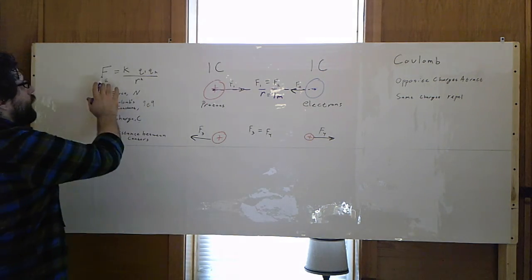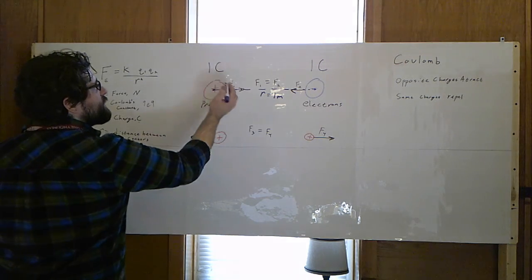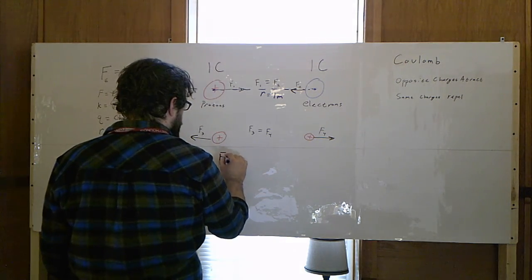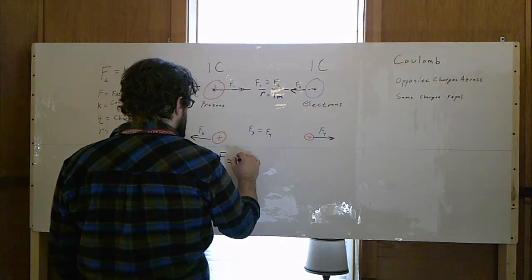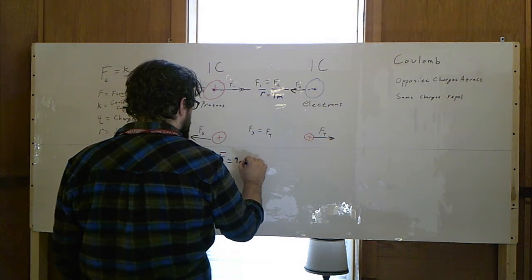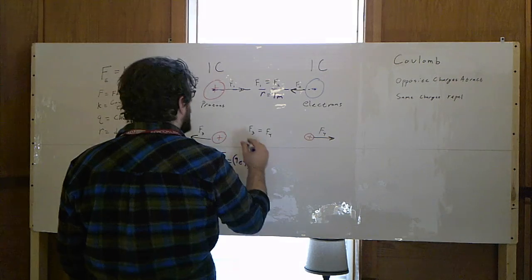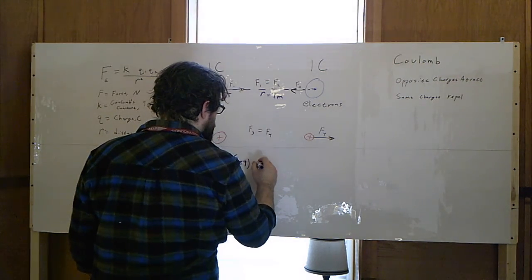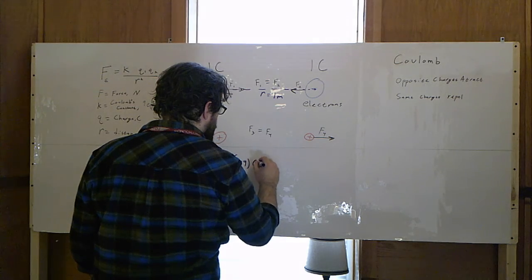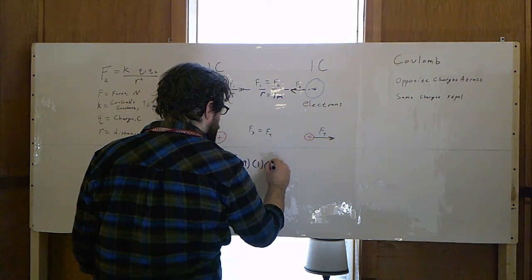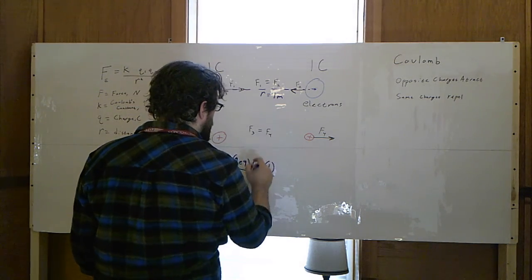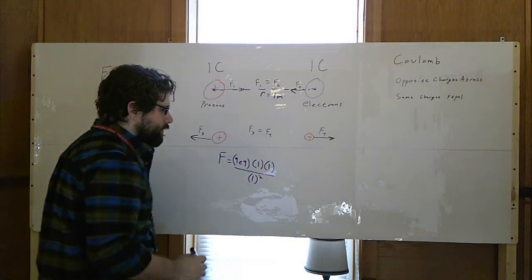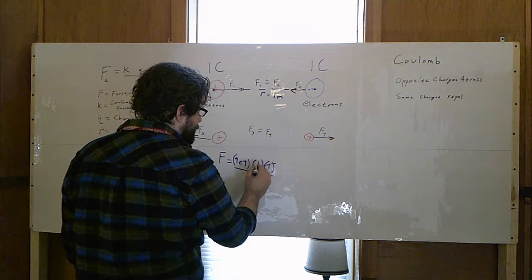Then I can do my calculations to figure out what this force is. Well, very simply, that would be F equals K, which is 9E9, times Q1 and Q2, 1 and 1. So this is going to be times 1 times 1 divided by 1 squared. 1 squared is 1, cancels out.